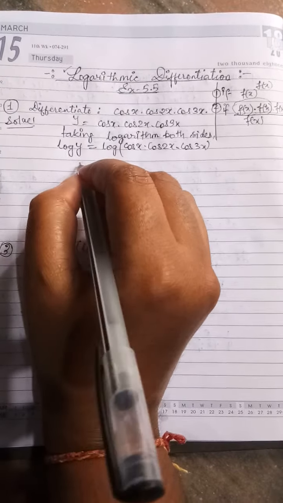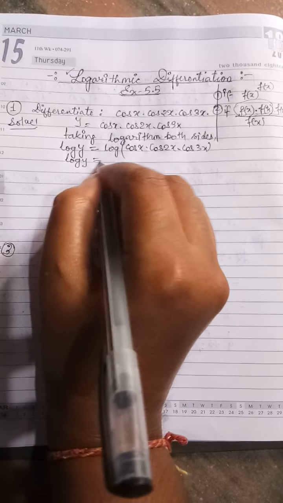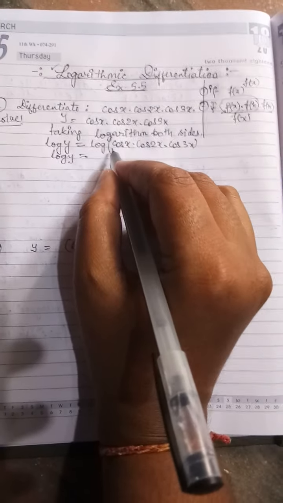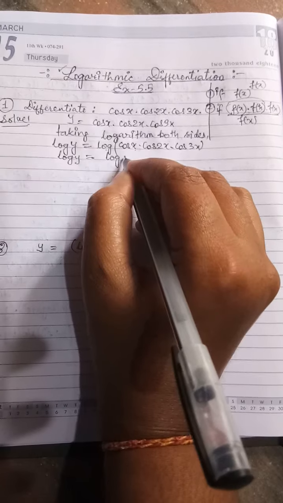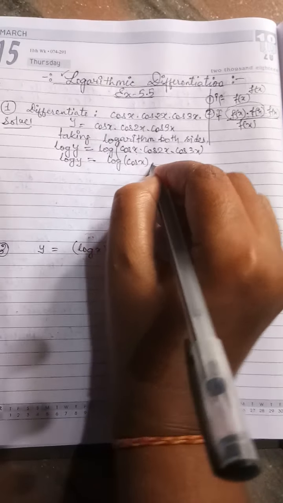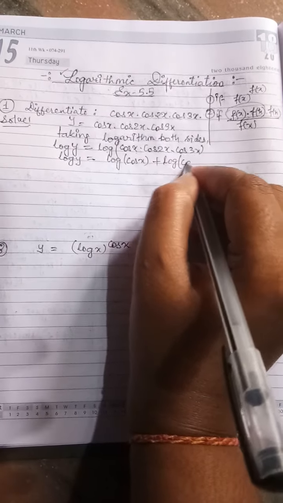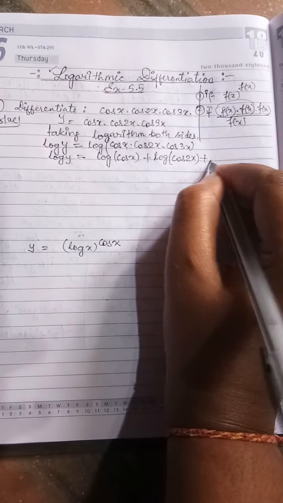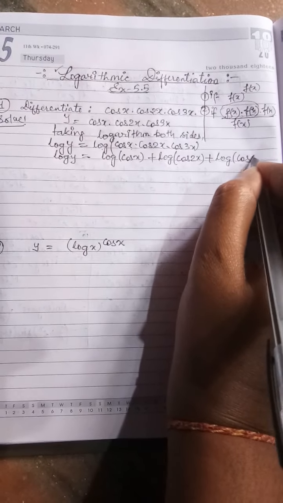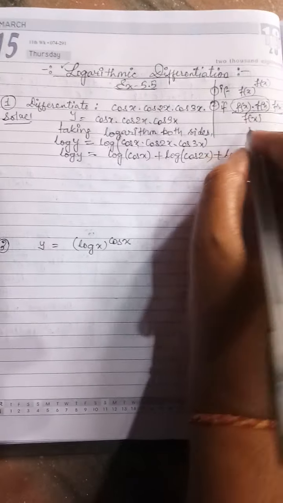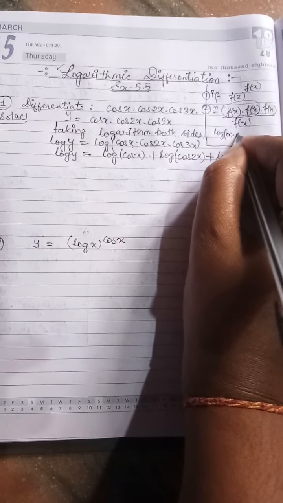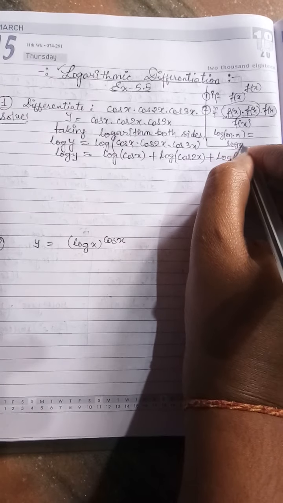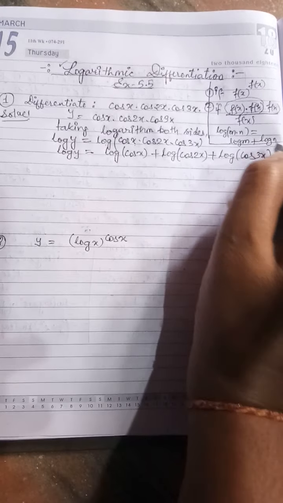Then log y equals, by the formula of log, when some terms are multiplying inside the bracket, log of m into n, it will be log cos x plus log cos 2x plus log cos 3x. You all know that log of m into n is log m plus log n.